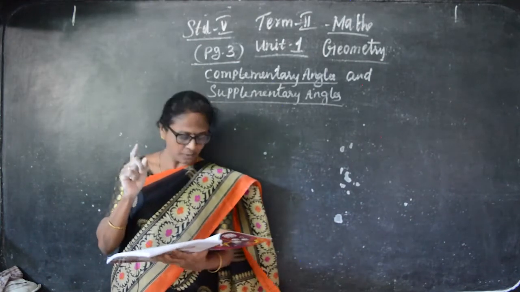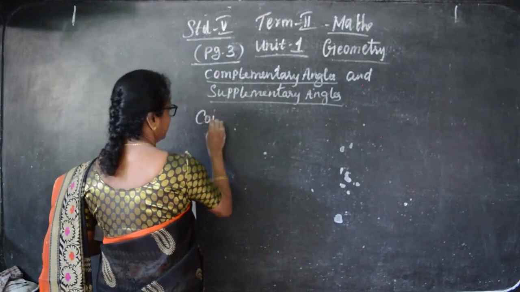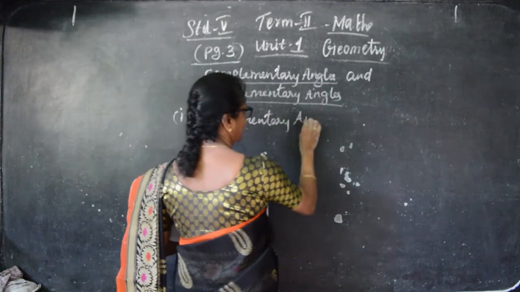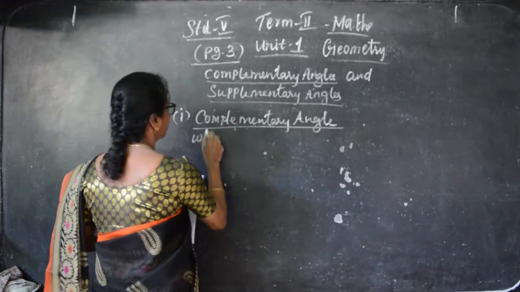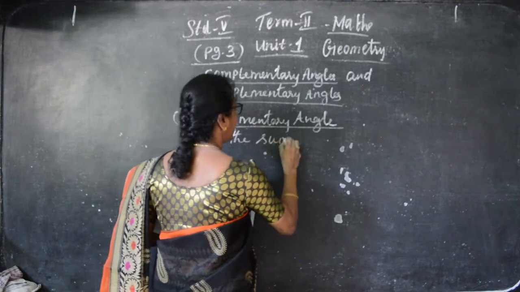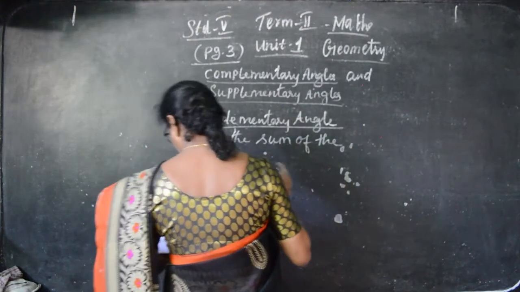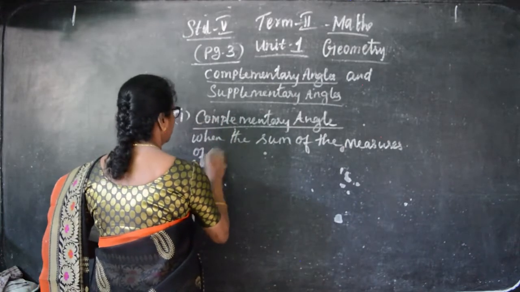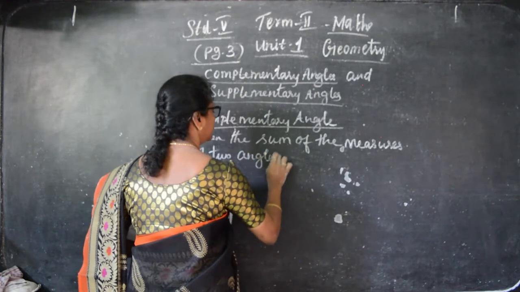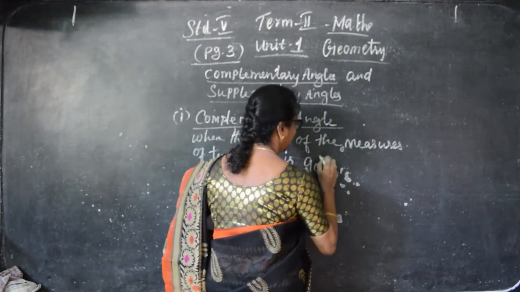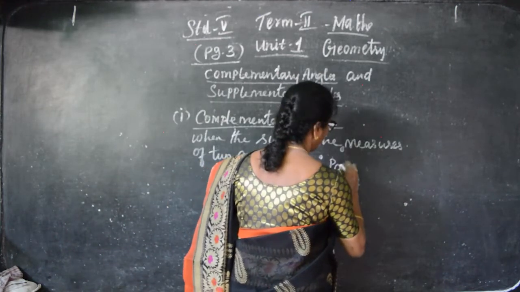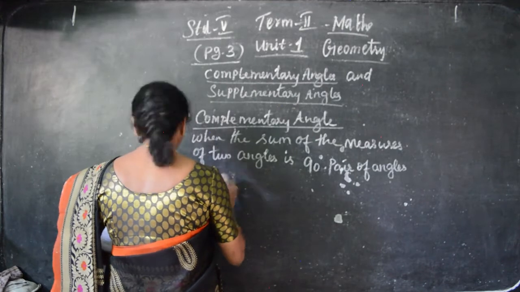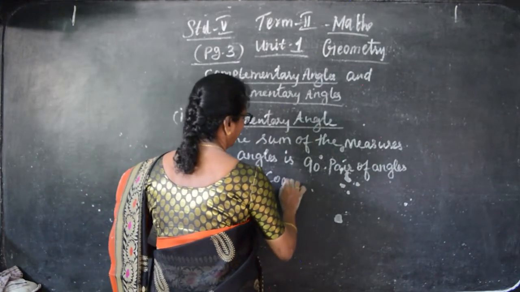Complementary angle means what? When the sum of the measures of two angles is 90 degrees, the pair of angles are called complementary angles.